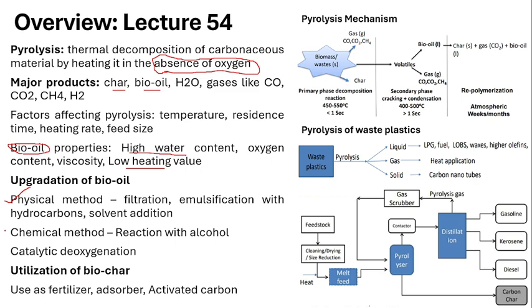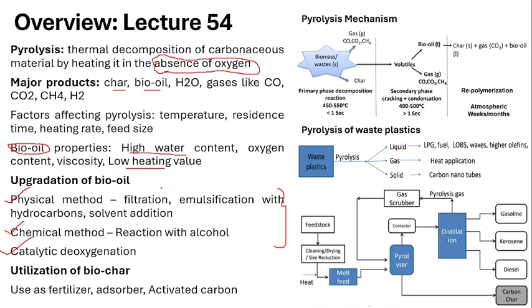And then the chemical method, where reaction with some alcohols can be done so that its heating value can increase. And then catalytic deoxygenation. So some of these methods can be used for upgradation of the bio oil produced in the pyrolysis process.